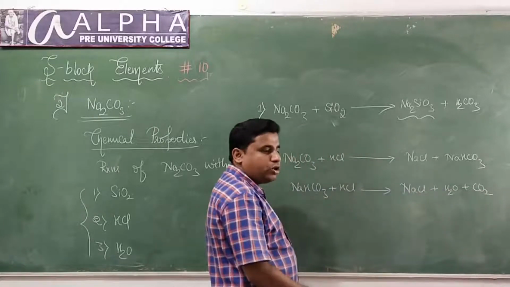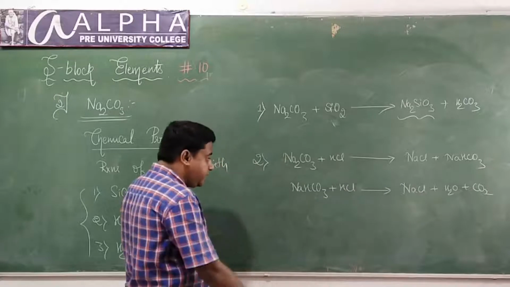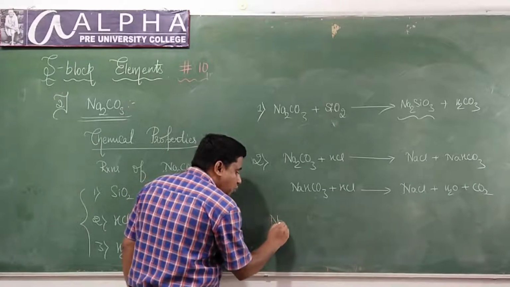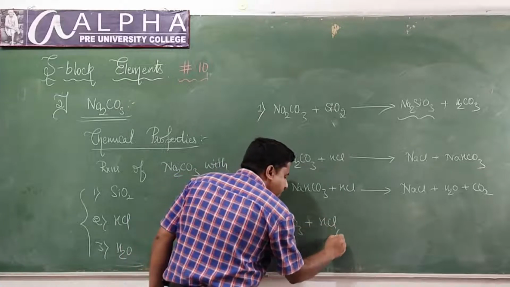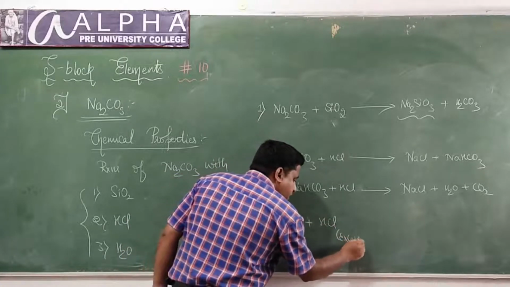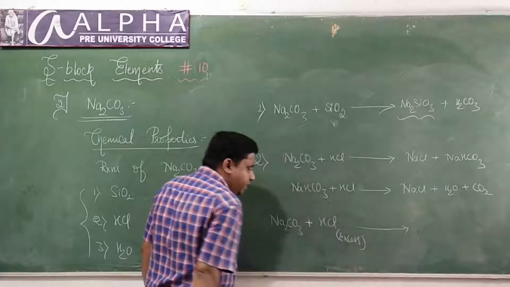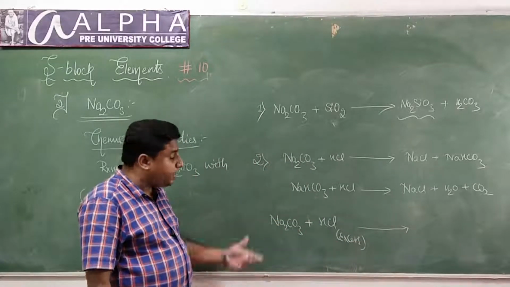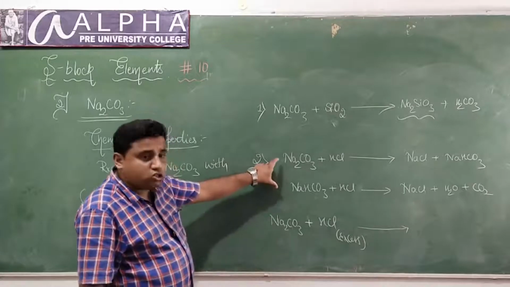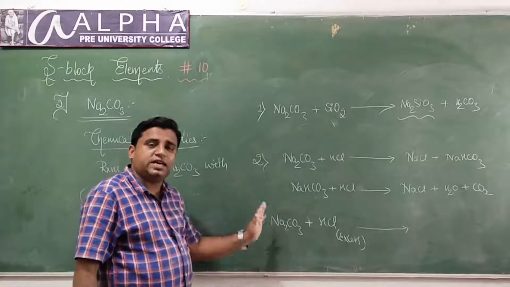But if sodium carbonate is treated with excess hydrogen chloride, the reaction does not go in two steps. The reaction gets completed in one step.